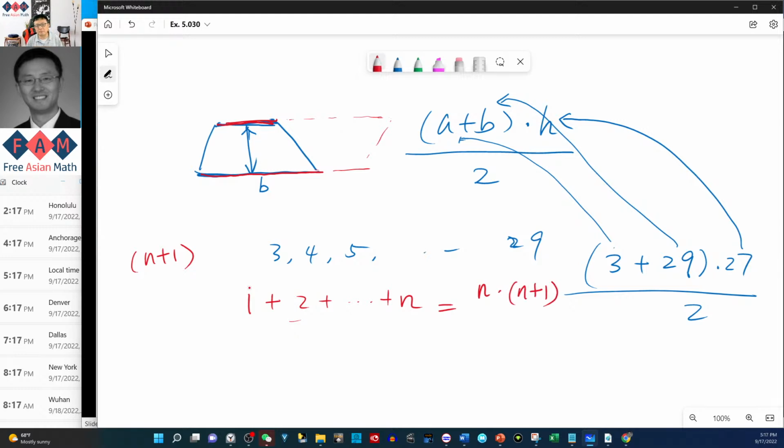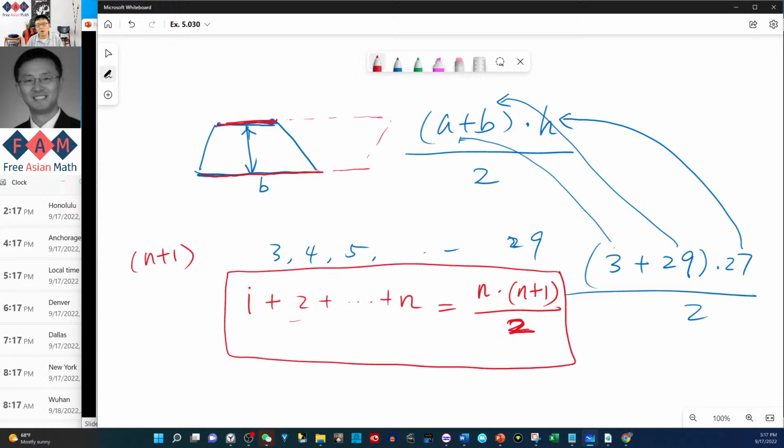So the total number of games for the whole group would be n times n+1 divided by 2. The reason we divide by 2 is that each game was counted twice, by both teams, because we are multiplying the number of teams by the number of games each team plays. That's n times n+1, but each game was counted twice, so we divide by 2. That gave us a super fast formula, just by making arguments about counting. That's called a bijective proof in mathematics.